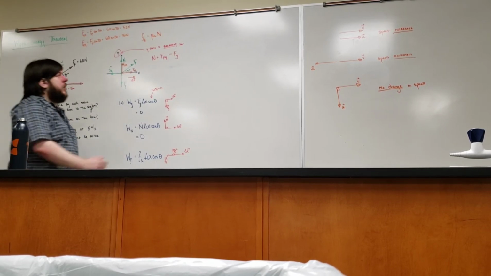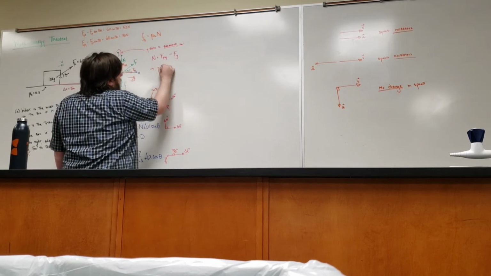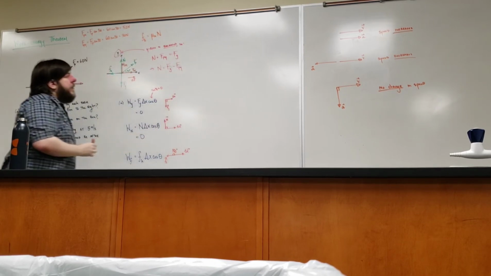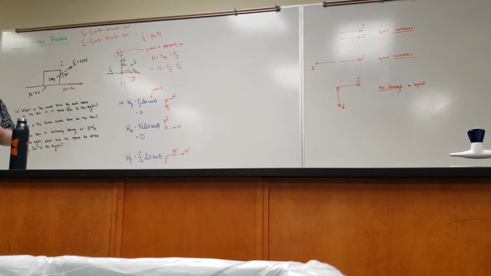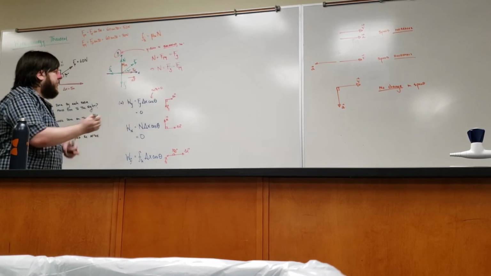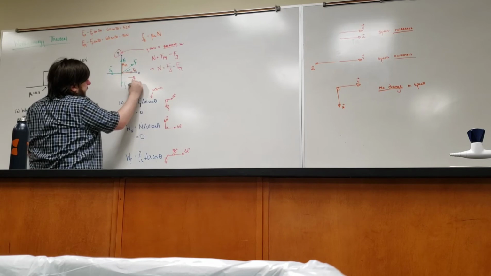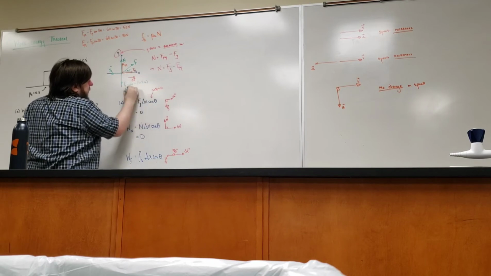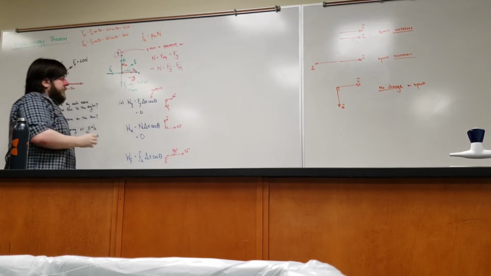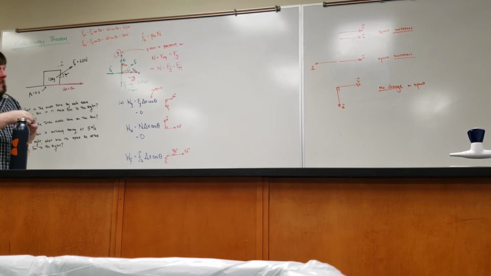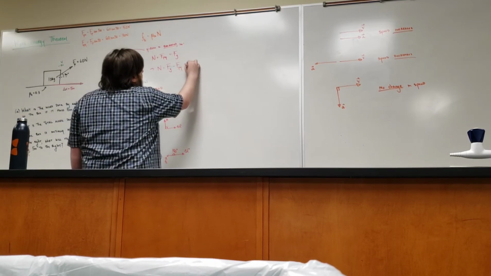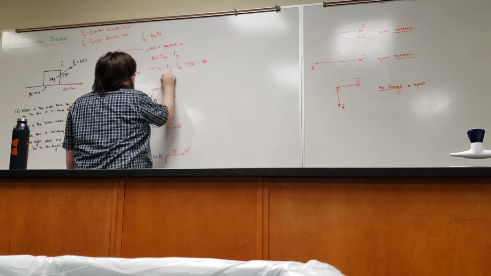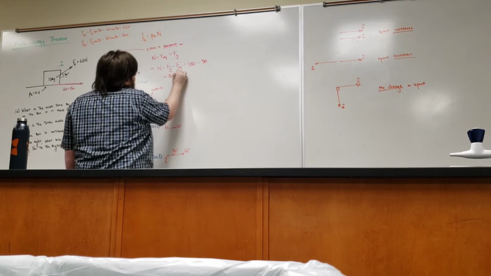Okay? So the normal force is going to be the force of gravity minus the y component of the pulling force. Last thing, we have to calculate the force of gravity really quickly. That's just mg. M I said was 10. G is 10. So the force of gravity is 100 newtons. Okay? So the normal force is 100 newtons minus the y component, which is 30. So the normal force is 70 newtons.